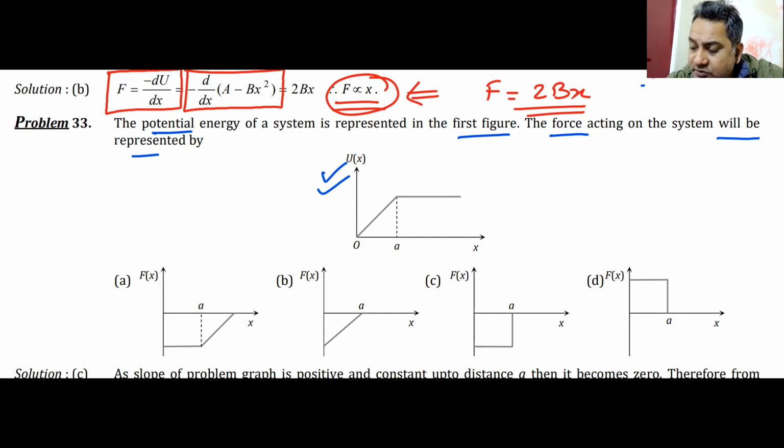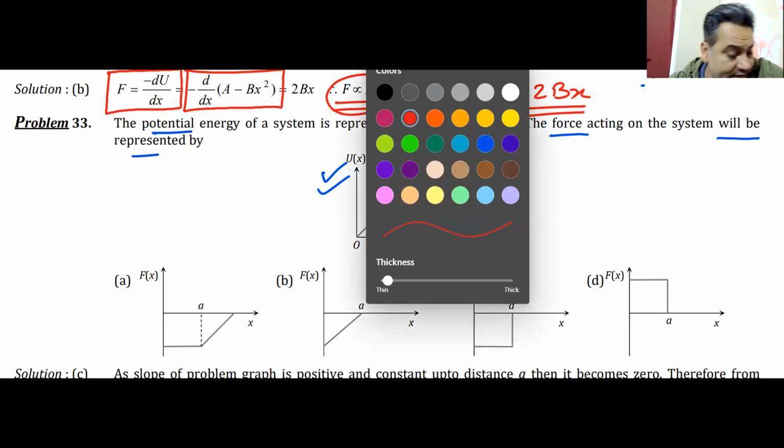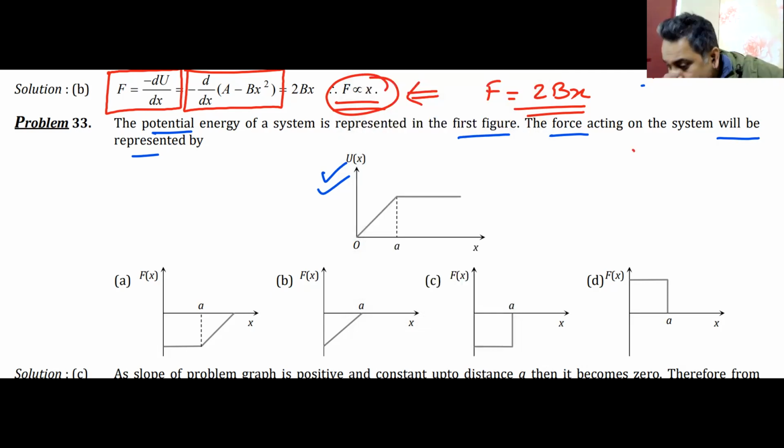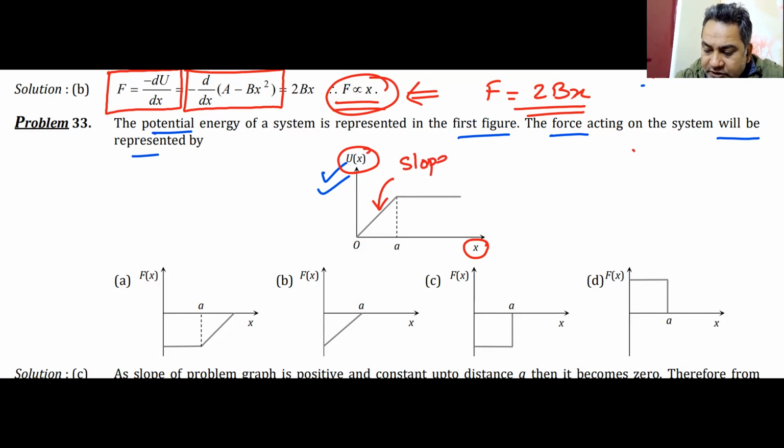Okay, then I must solve the question now. I'm looking at the graph here. This is the graph between energy and the position of the particle. If you can see here, the slope of this graph is constant. It's a straight line.